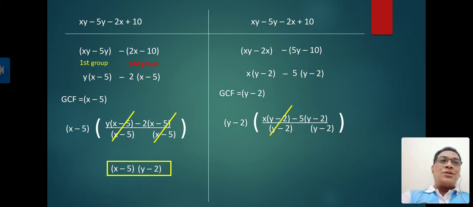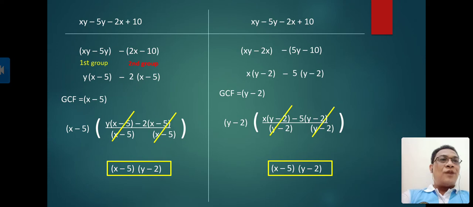The y minus 2 can be cancelled out on the first term, and y minus 2 will be cancelled out on the second term. So what do we have? We have x minus 5 multiplied by y minus 2, and we have the same answer. So that will be the factor form of xy minus 5y minus 2x plus 10.